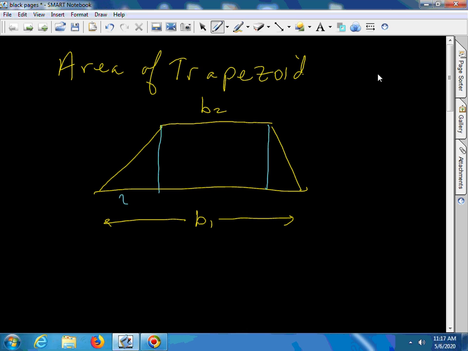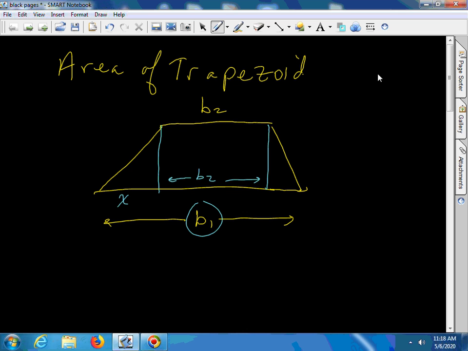Let's call this, say, X, and maybe this we'll call something else. Hold on, please. So we know that this piece is B2, but the whole thing is B1.